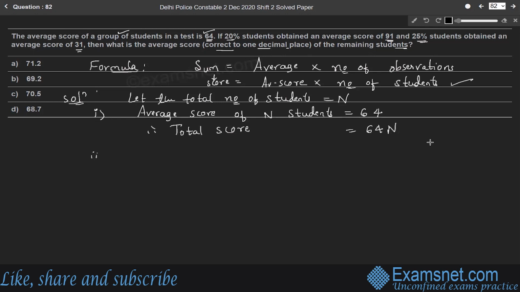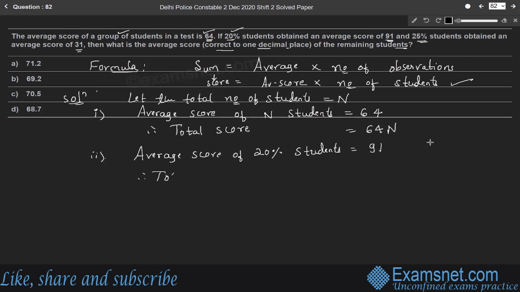And in the second part, in the question it is given that 20% students obtained an average score of 91, right? So the average score of 20% students is 91.